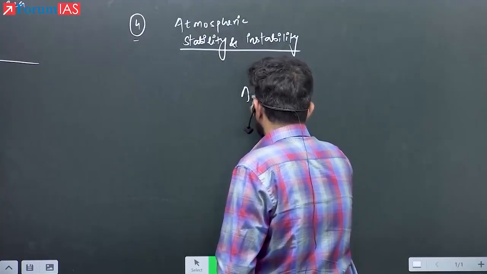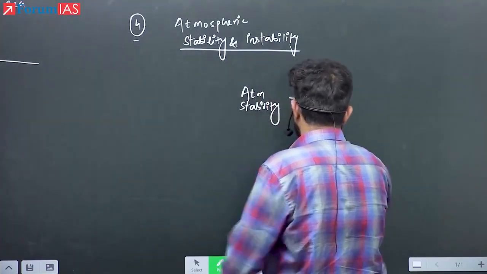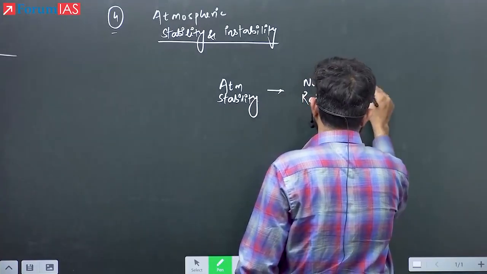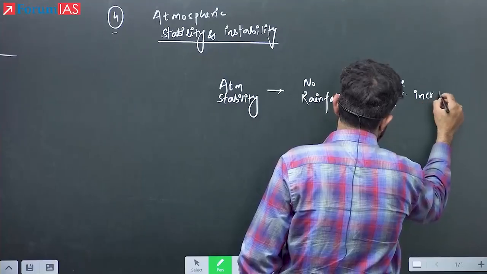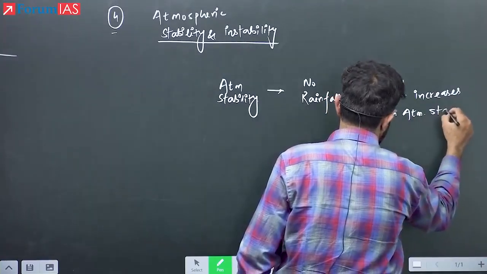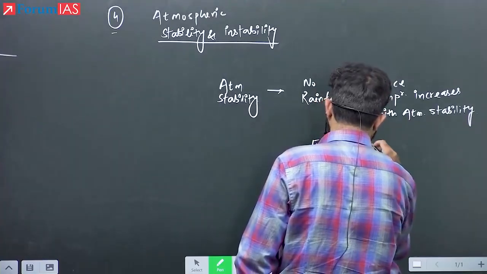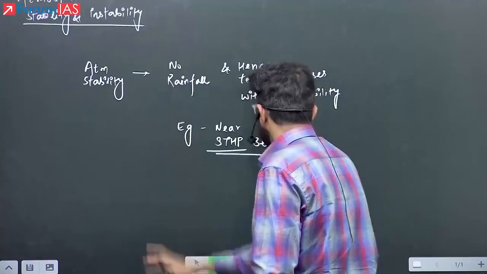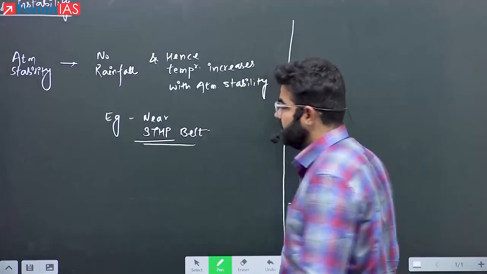So write down, atmospheric stability means no rainfall. For example, near the STHP belt, you will find the temperature of the water will be higher. This is the fourth or fifth factor, whatever it is.